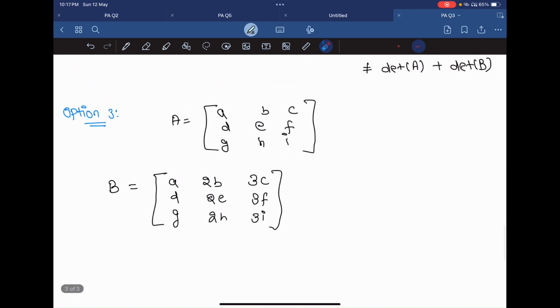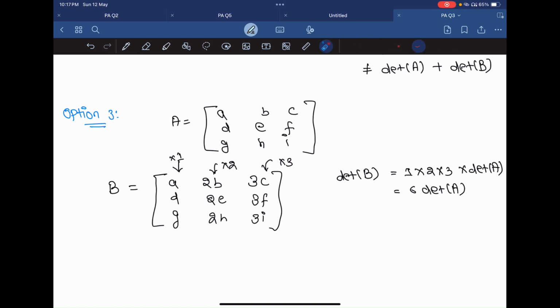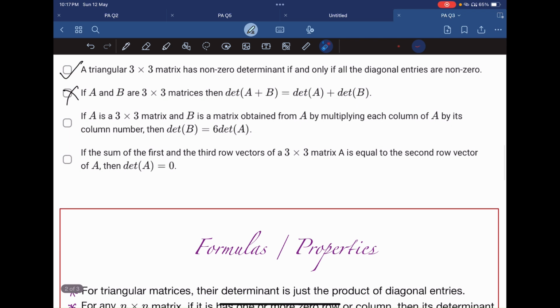So here, as we are multiplying the first by 1, the second by 2, and the third by 3, the determinant of matrix B would be equal to 1 into 2 into 3 times determinant of matrix A. That is the same as 6 times determinant of matrix A. So that's why option 3 is also correct.